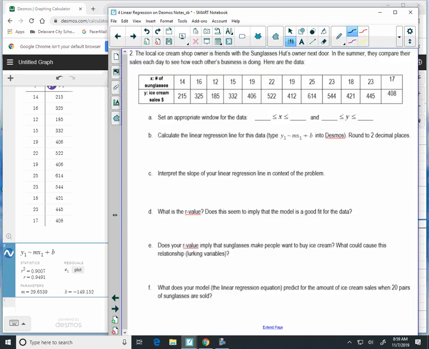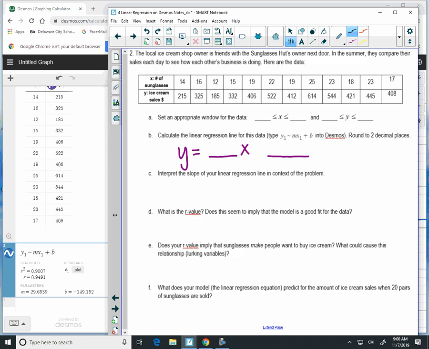Don't worry about the appropriate window for the data. Calculate their linear regression line. I don't know if you guys notice this, but it's really nice: when you type Y1, it makes the little subscript one for you. You don't have to do that, which is nice.